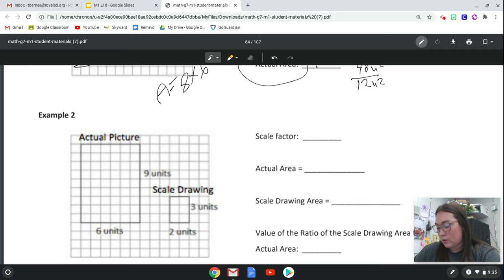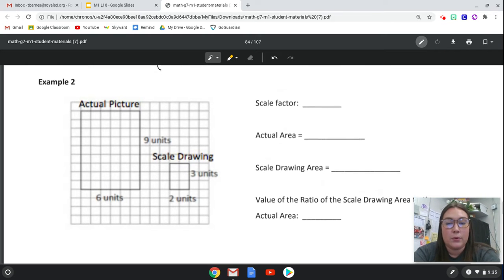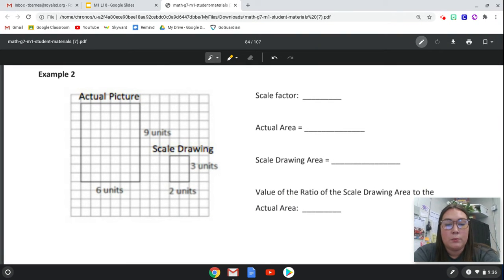So my next example, the actual picture to the scale drawing is smaller. So I'm going to guess that this is going to be a reduction and it's going to have a scale factor that's a fraction. But I'm going to show you how to figure out my scale factor.